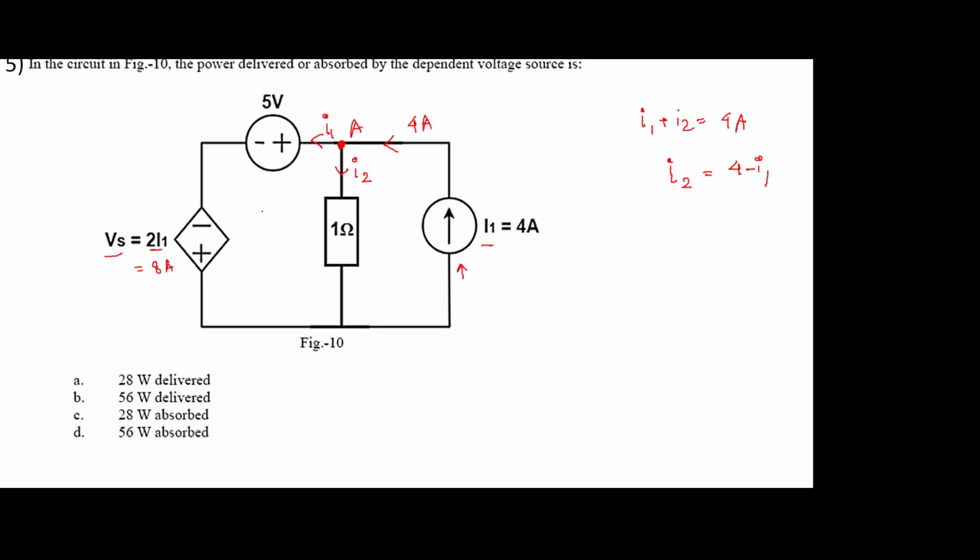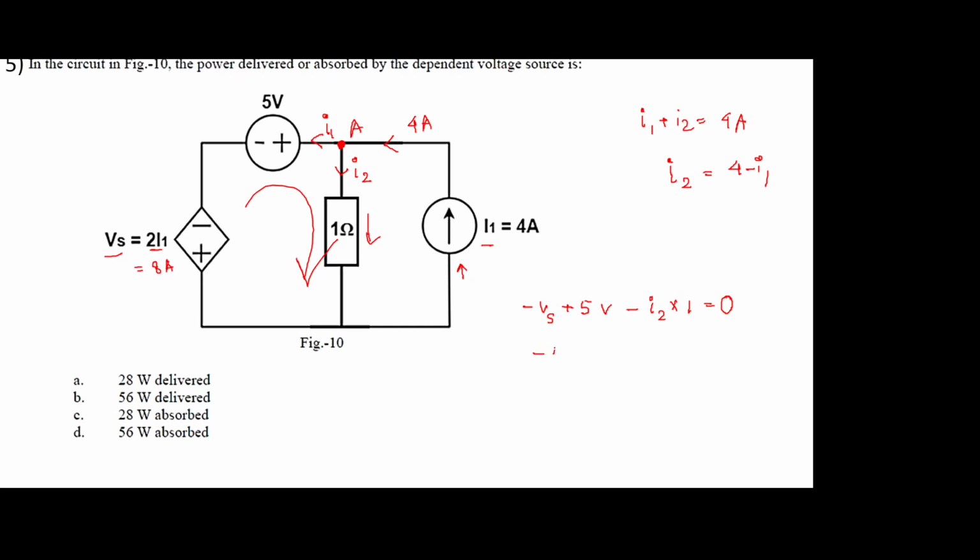Now let us apply KVL across this particular loop. So it is V minus Vs. Then this 5-volt source comes, so it is 5 volt. Then I2 current is flowing through this particular branch, right? So it is I2 into 1 ohm resistance. The summation of this will be equal to 0.